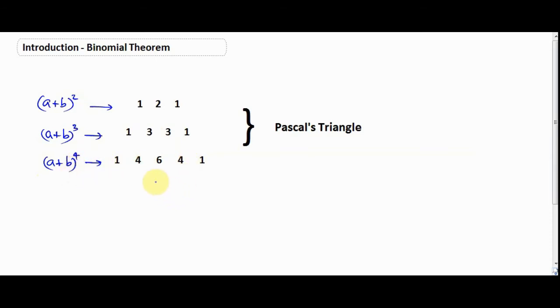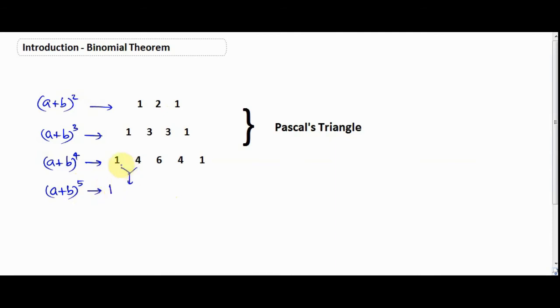Okay, so we can derive the coefficients of a plus b whole raised to 5 from this triangle. Here you can see that each row starts with a 1 and ends with a 1. So here this row corresponding to a plus b whole raised to 5 will also begin with a 1. The second coefficient can be derived from these two.